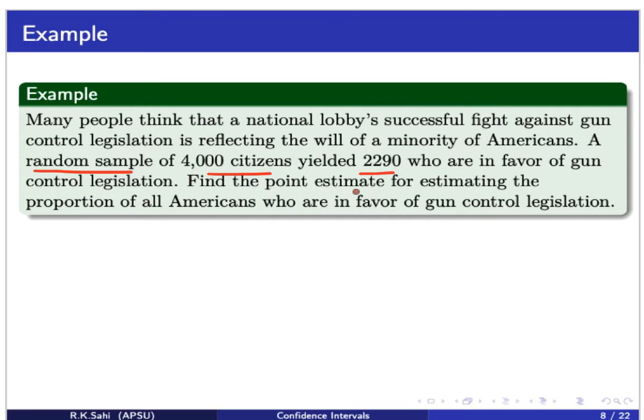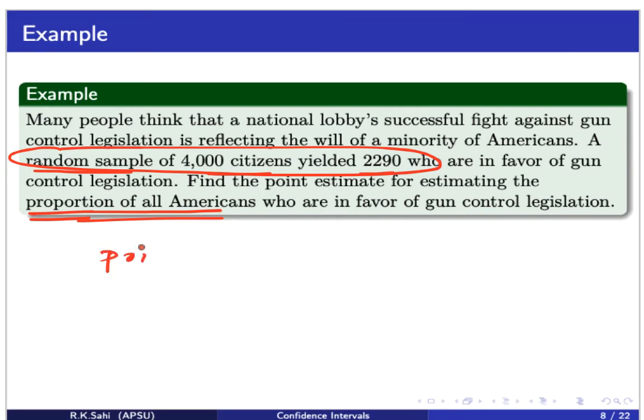We would like to find the point estimate for estimating the proportion of all Americans who are in favor of gun control legislation. Now remember, we want to estimate the proportion of all Americans. So you are estimating for every American by this random sample. So what is the point estimate? Here the point estimate, guys, is given by the sample proportion.